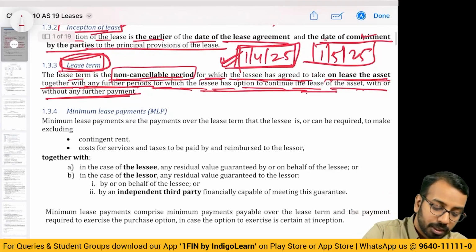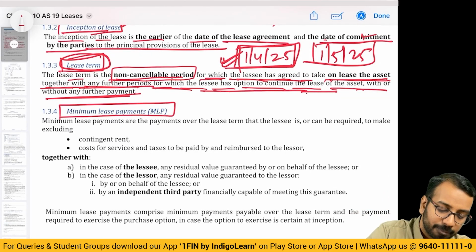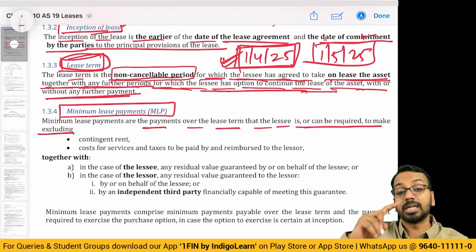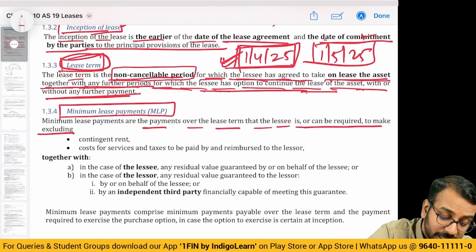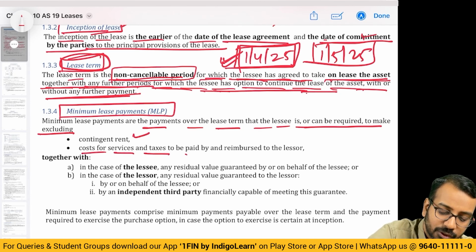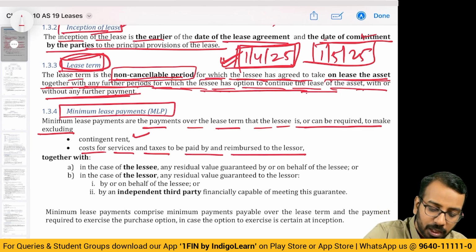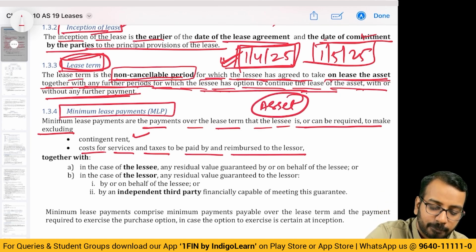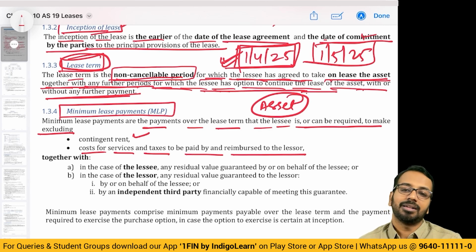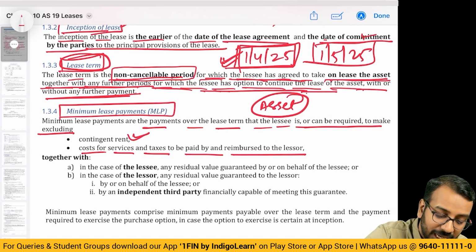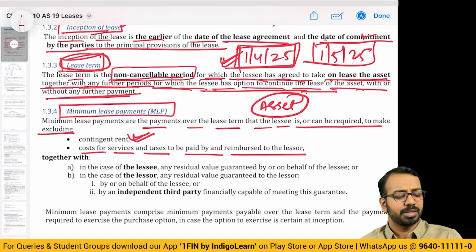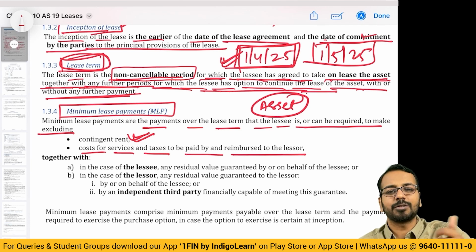Then minimum lease payment. Minimum lease payments are the payments over the lease term that the lessee is or can be required to make, excluding contingent rent and cost for services and taxes to be paid by and reimbursed to the lessor. So basically what it means is, whatever we are paying for the asset, only that will be considered in the lease payment. Now contingent rent means rent dependent on a future event.